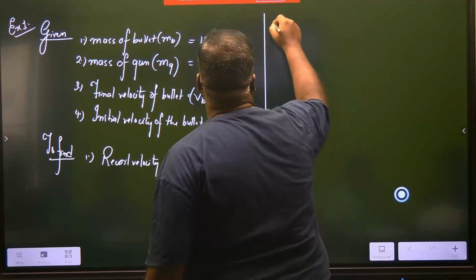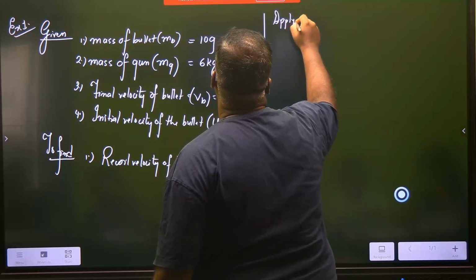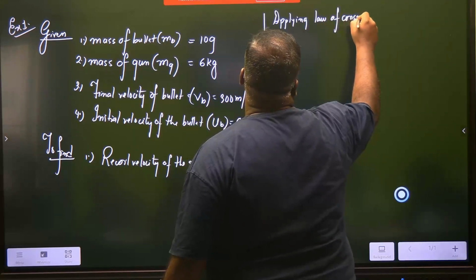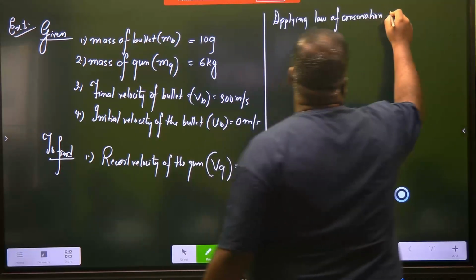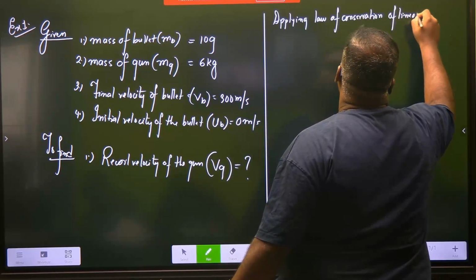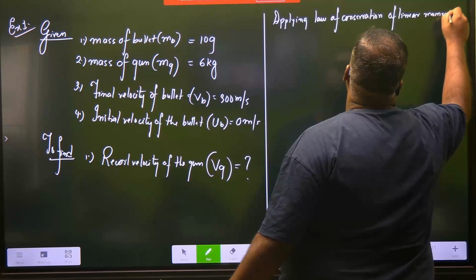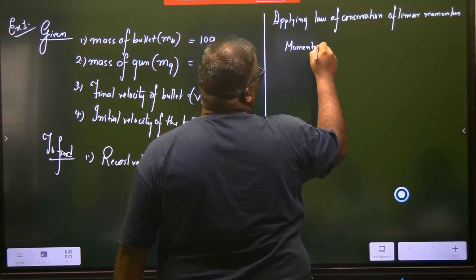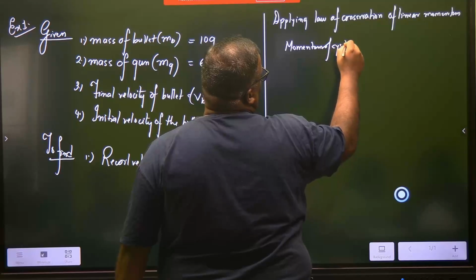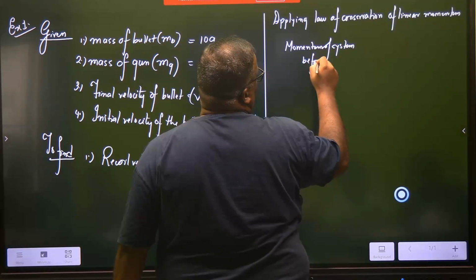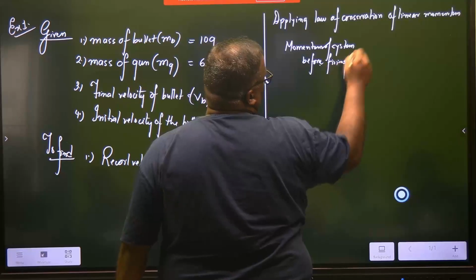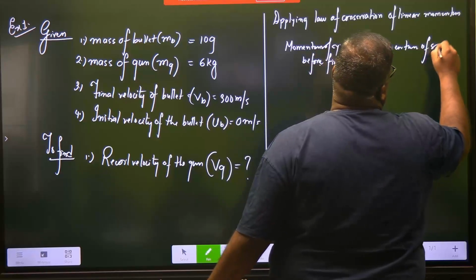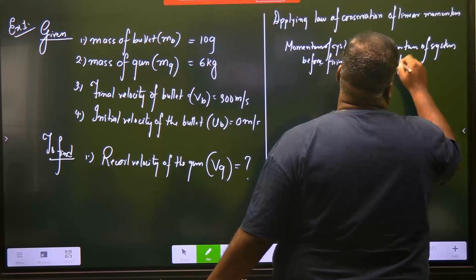We will write, applying law of conservation of linear momentum, momentum of system before firing should be equal to momentum of system after firing.